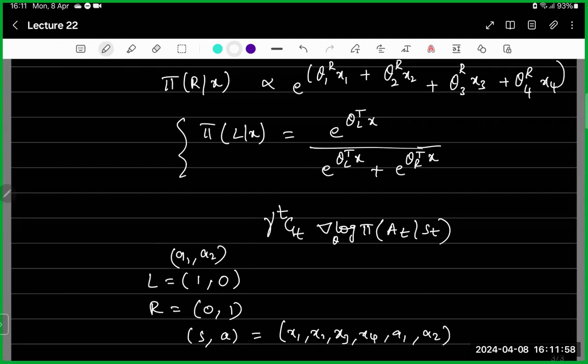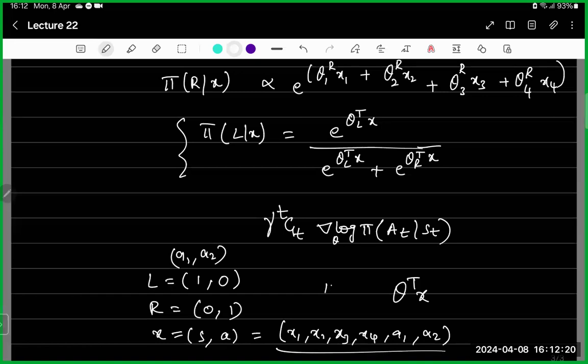And I can have my policy to be just some theta transpose, I'll just concatenate this and call it x. This whole vector I can treat as my representation of the state and action.